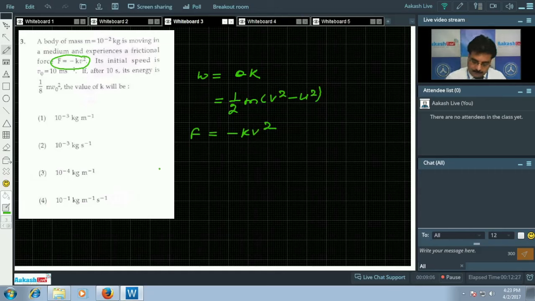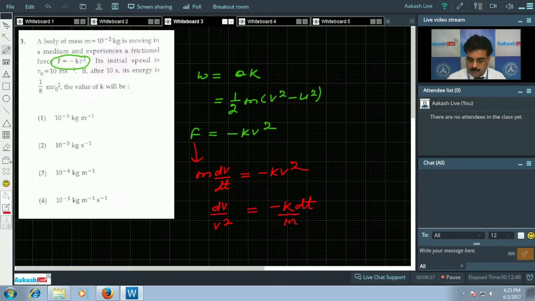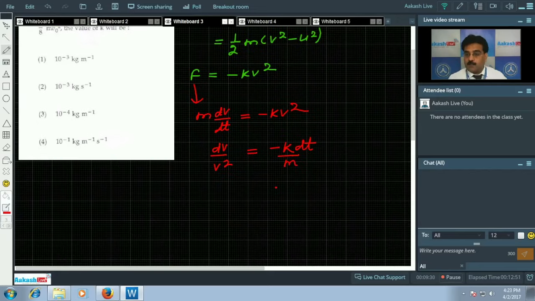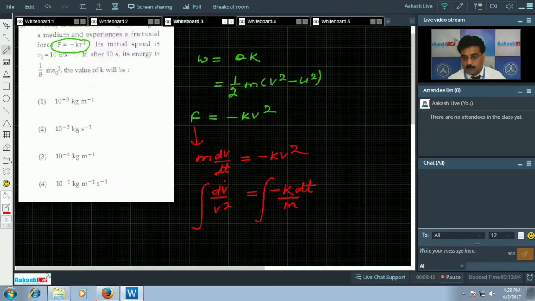So look, if I change the force in terms of mass and dv over dt, so that will equal minus kv square. So dv over v square is equal to minus k times dt divided by mass, because we need only an equation related to velocity and time. So if I go for integration like that, now we are going to take the limits of the integration.